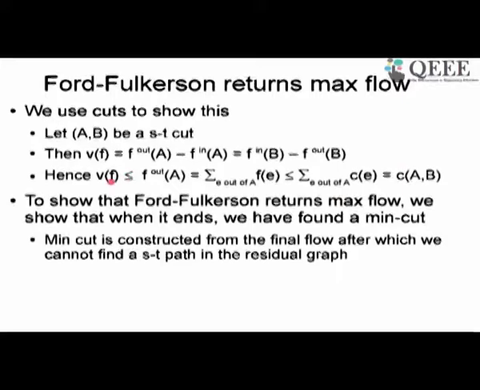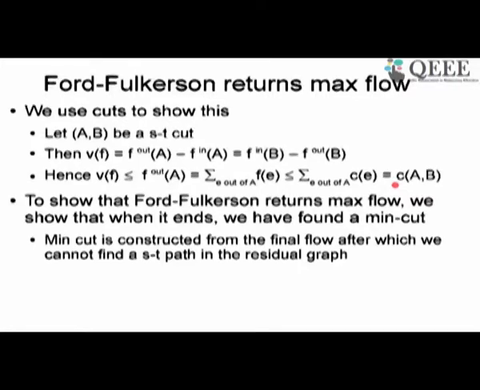So VF is less than or equal to the capacity of the cut, which means any cut you take in the graph, any flow that you have, the value of the flow will always be less than or equal to the capacity of that cut.